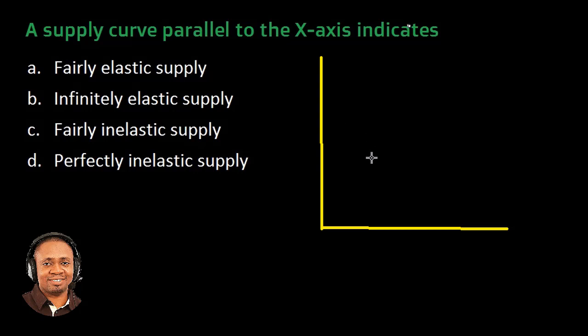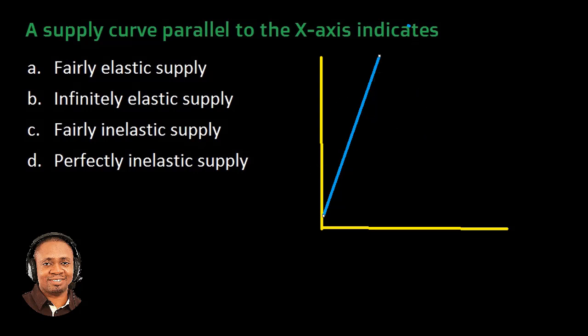The first point is that any straight line supply curve that intersects the vertical axis, this is the vertical axis, will be elastic, and its value will lie between 1 and infinity.